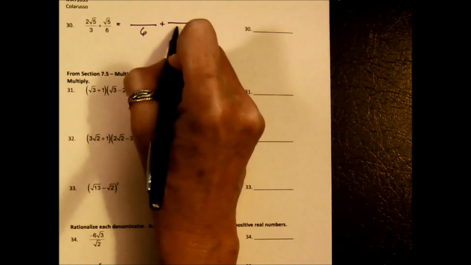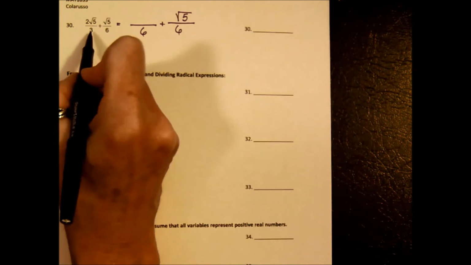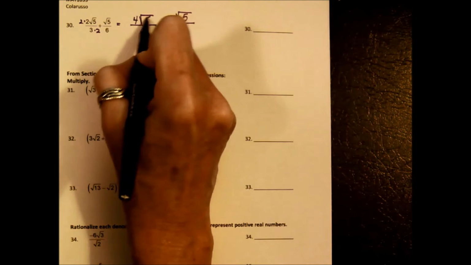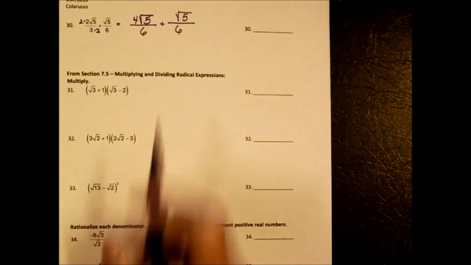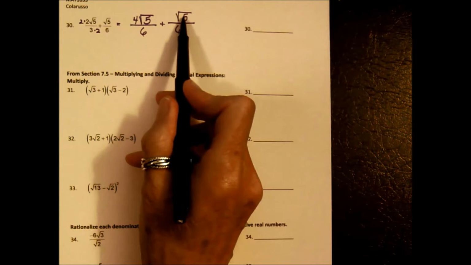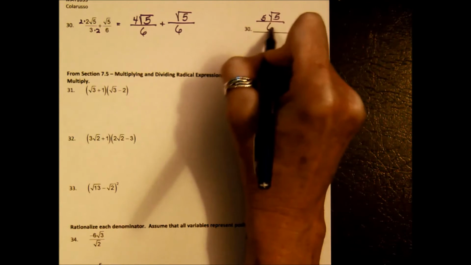In this case, that common denominator is 6. So my second one is already good. Here you say, what do you do to 3 to get 6? Times 2. So you multiply the coefficient times 2, not the radical 5. So I've got 4 radical 5s plus 1 radical 5 is 5 radical 5s all over 6.